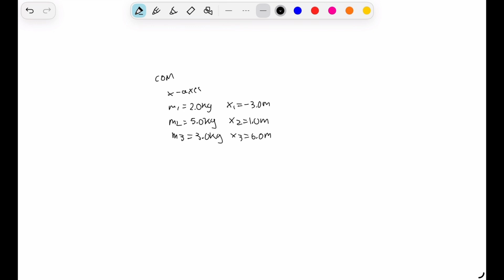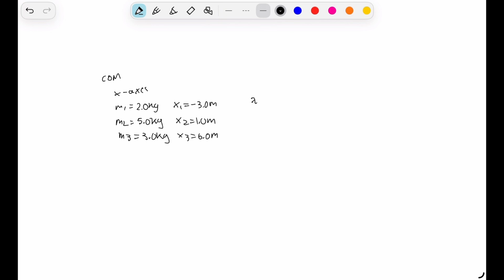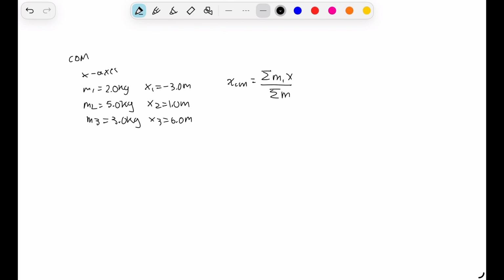Your center of mass formula is going to be the position, where we have the summation of all of your m's times your positions over the summation of all of your mass. So here, if we were to write that expanded, that's m1 x1 plus m2 x2 plus m3 x3 all over m1 plus m2 plus m3.